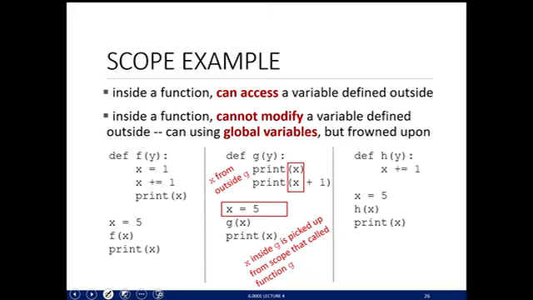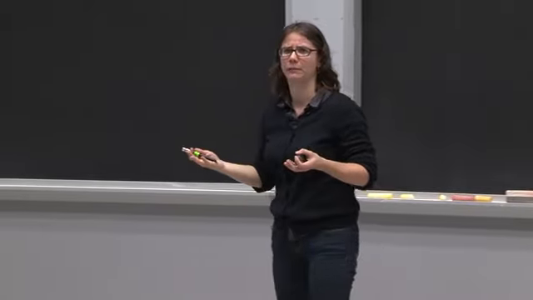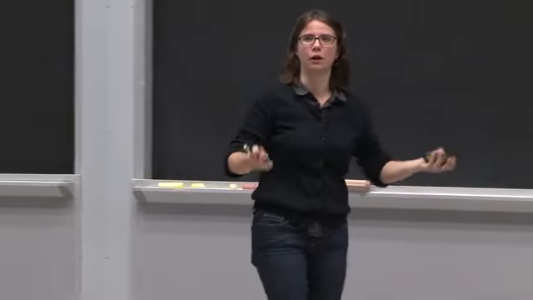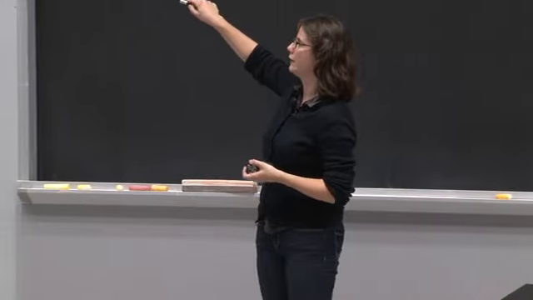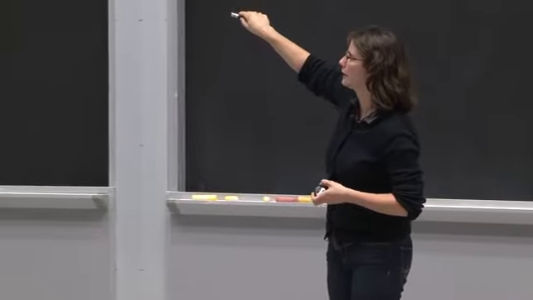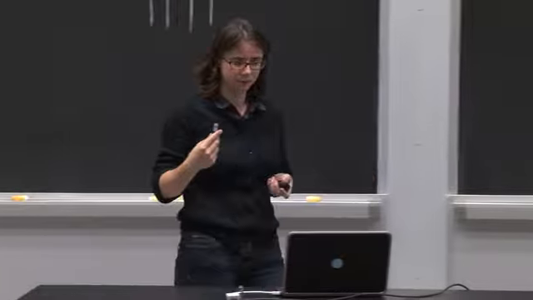So this does not give you an error. In fact, it's OK for you to do this in Python. Python says, OK, I'm in this scope, but I don't have a variable named x. So let me just go into the scope of whoever called me. I'm going to temporarily hop out of this scope and see, is there a variable x outside of me? And it'll find this variable x here, and it's going to print out its value. So that's OK.